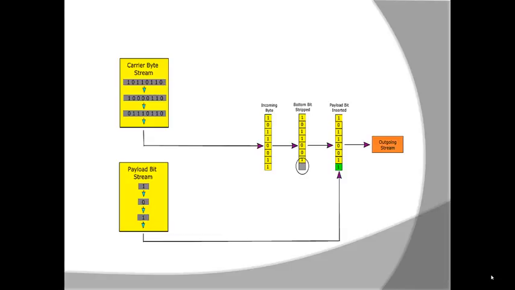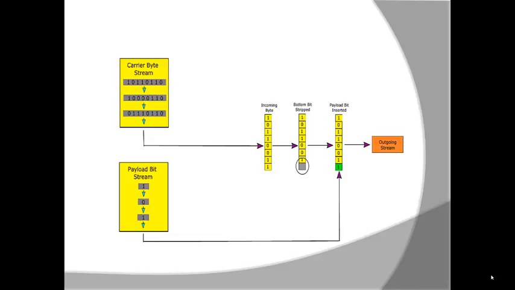And here is a diagram showing this process. Notice there's a carrier byte stream, and it's reading from the file 1 carrier byte at a time. Now I want to be careful. You have to skip over any kind of file header or image header information. You would definitely notice a difference if for whatever reason you altered the data in those sections.